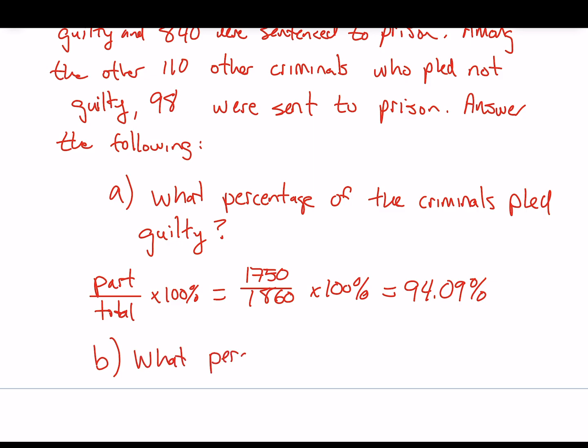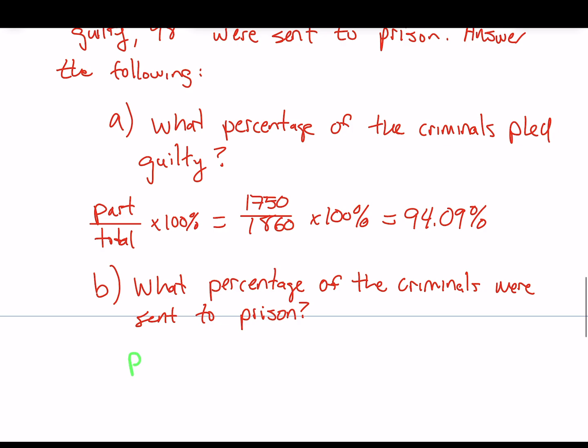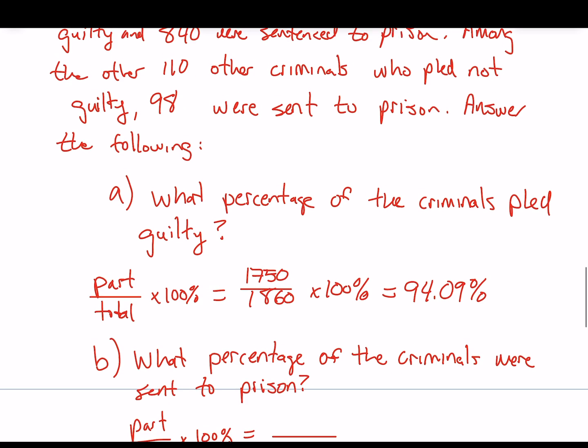Part B. What percentage of the criminals were sent to prison? Again, it's a part over a total times 100%. In this case, our total is still 1,860, but what is our part?